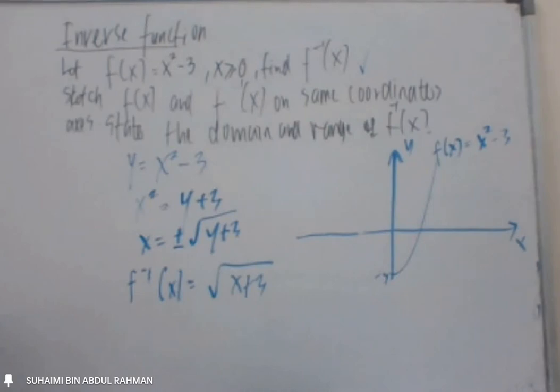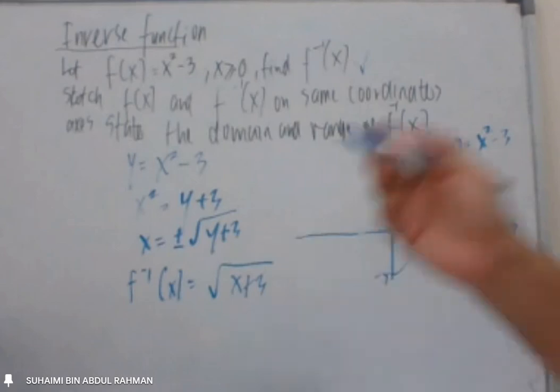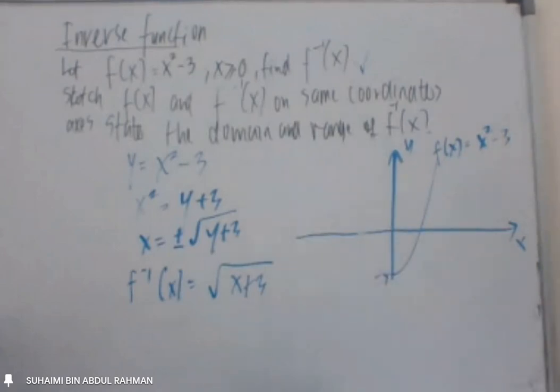Then f inverse. f inverse is the graph of the square root of x plus 3. What is the shape of the graph of the square root of x plus 3?